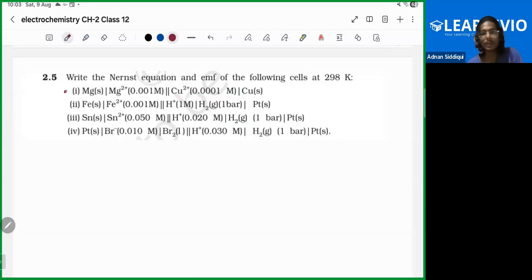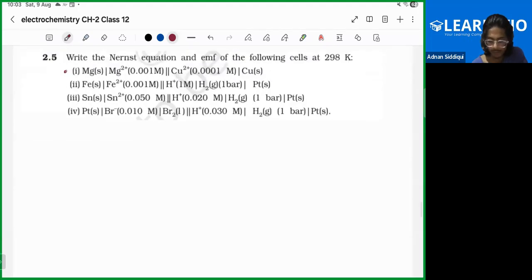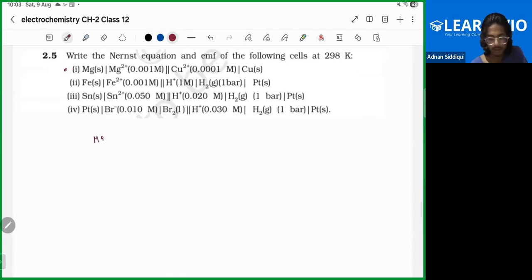So with this simple data, you can derive your chemical reaction, and with your chemical reaction you are going to apply the Nernst formula. Let me write it completely so you don't get confused.